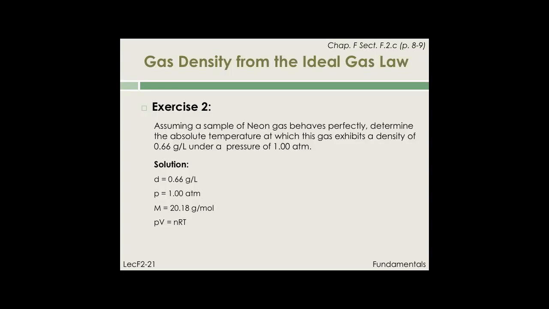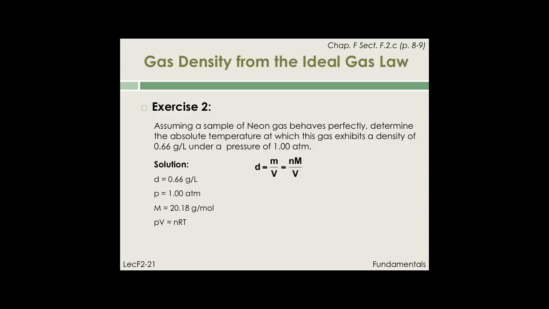So we write gas density equals mass of gas divided by volume of gas, or D is equal to m divided by V. While V is in the ideal gas law, m is not. So we replace m, the mass, by the product of the molar mass, M, and the number of moles, n.